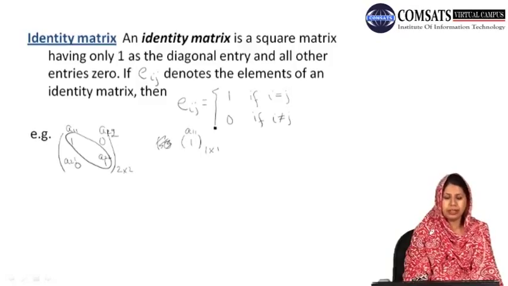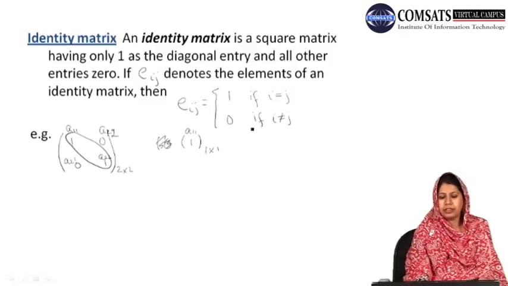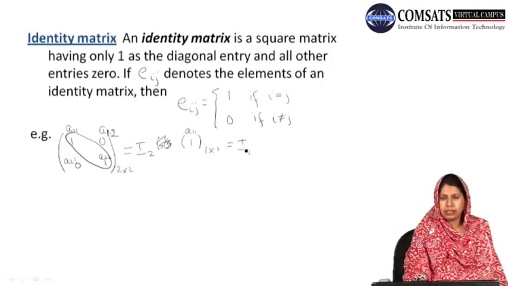So this is also an identity matrix, and we usually denote our identity matrix by capital I. We may write 2 as a subscript just to identify the order of this identity matrix, here with subscript 1, that is, it is the identity matrix of order 1 by 1.